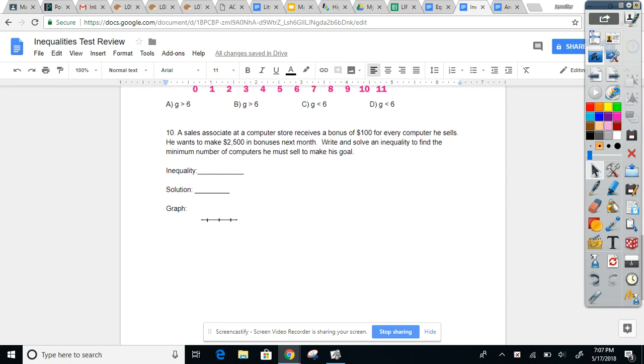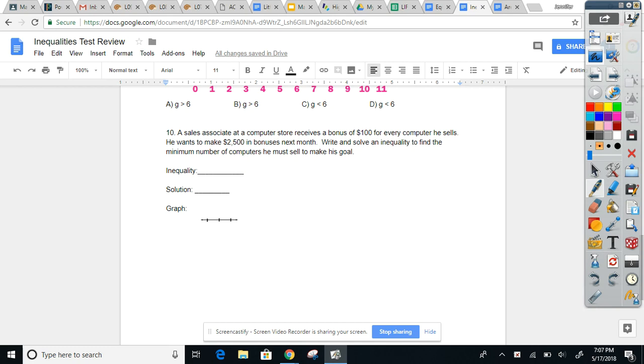And number 10, it says a sales associate at a computer store receives a bonus of $100 for every computer he sells. He wants to make $2,500 in bonus next month. Write and solve an inequality to find the minimum number of computers he must sell to make his goal. So his goal is what?